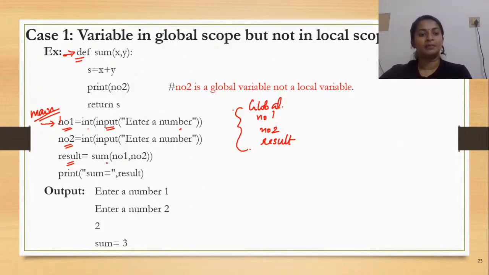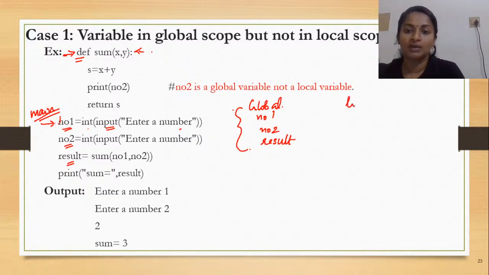Now what is happening? You have a function call here. Upon encountering the function call, control gets transferred to the function header, right? So x would get the value of NO1, y would get the value of NO2. Now your local variables become x, y and s. Why?